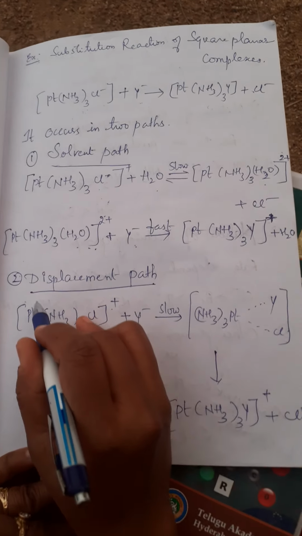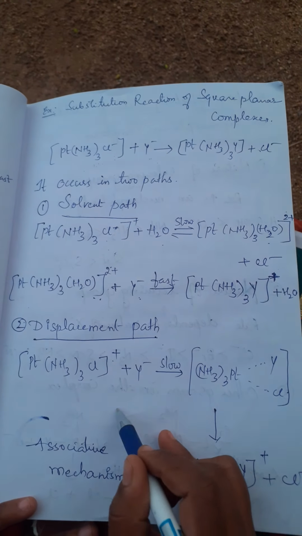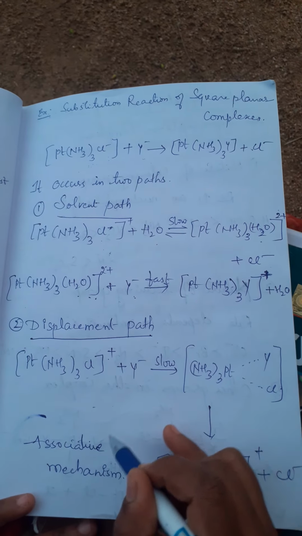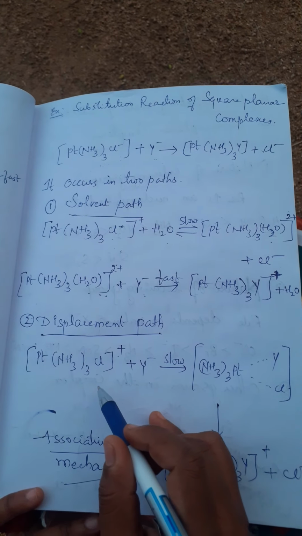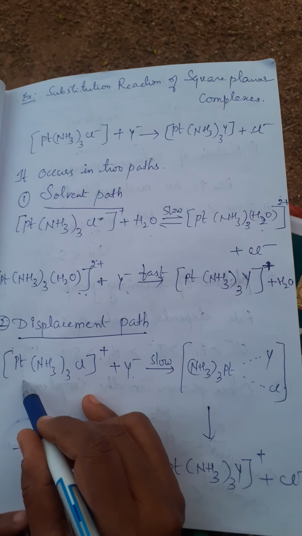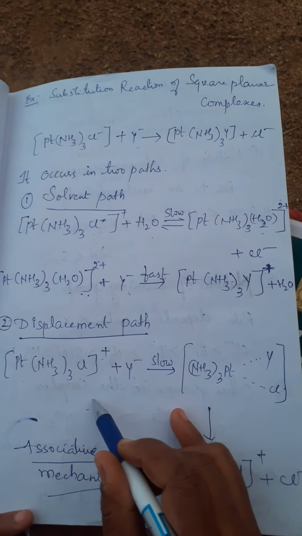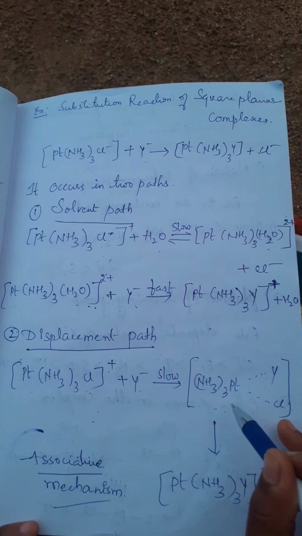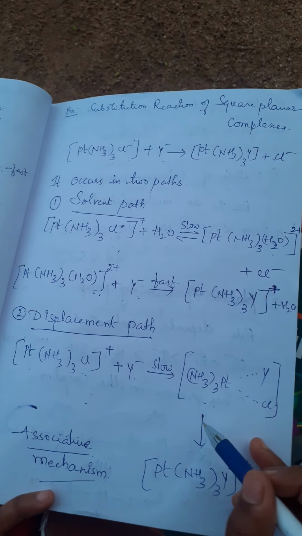But the displacement path follows an associative type of mechanism. Association means the entering ligand associates with the complex. As a result, an intermediate with coordination number 5 is formed.